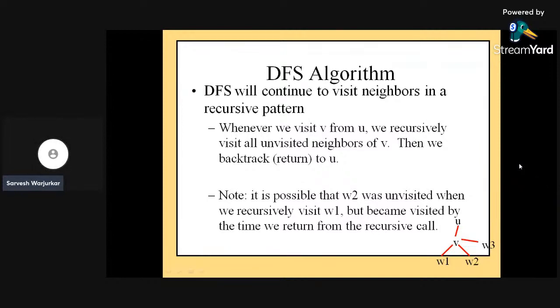So from V, if I have visited V from U, I can visit W1, again return to V, then reach W2, again return to V, and then reach W3. V can be visited recursively but printed only once. I repeat, V can be visited recursively but printed only once.